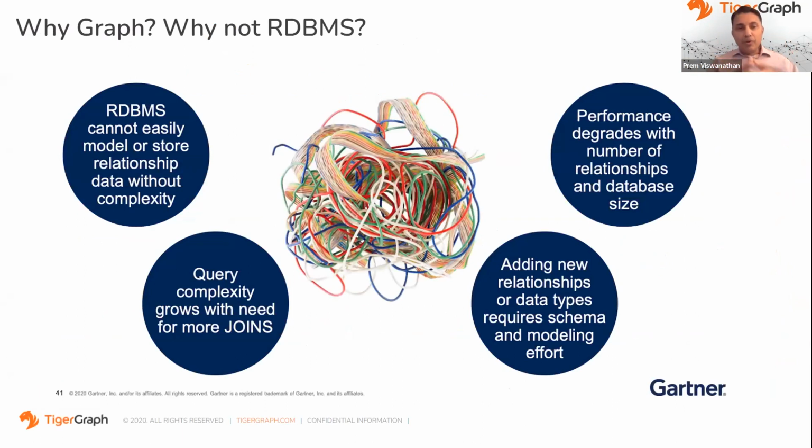So before we talk about graph databases and graph analytics and so on, it helps to understand what's the problem that we're trying to solve, right? Where is graph really a good fit? If you look at the way data has been stored for the last 3-4 decades, the main platform has been relational databases, right?